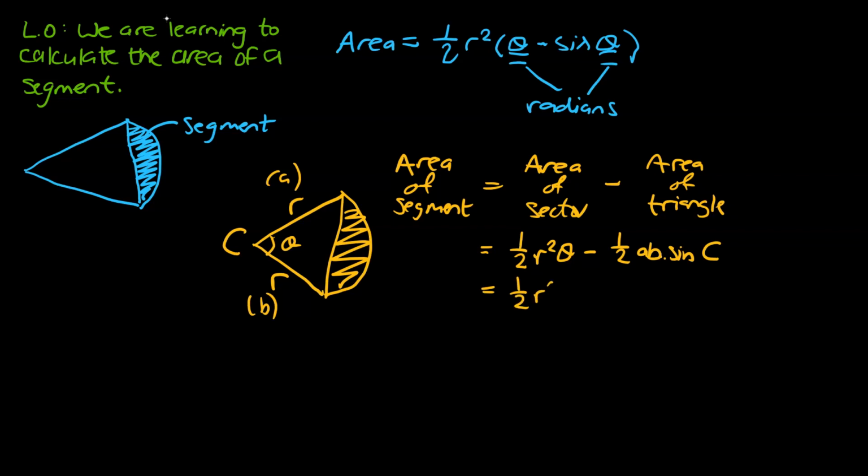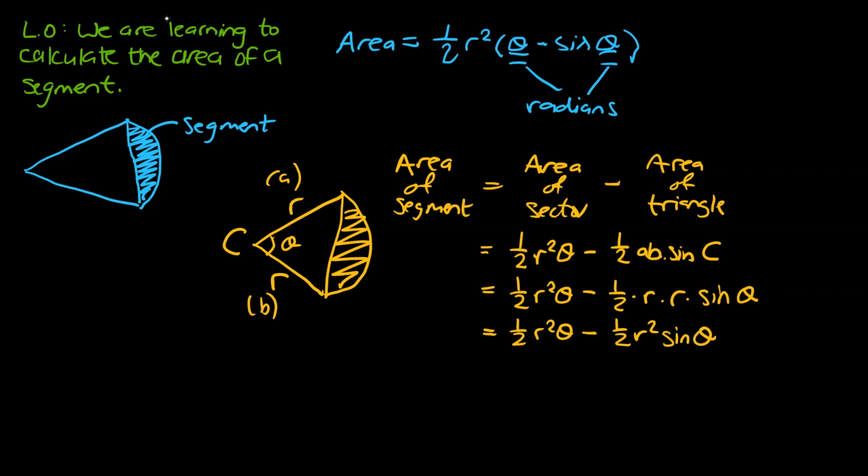So 1/2 of r squared delta minus 1/2 times r, which was A, and then times r again, which was B, and then times sine delta, which was the big C. We then go ahead and simplify and clean this up. So 1/2 of r squared times delta minus 1/2 of r squared sine delta.